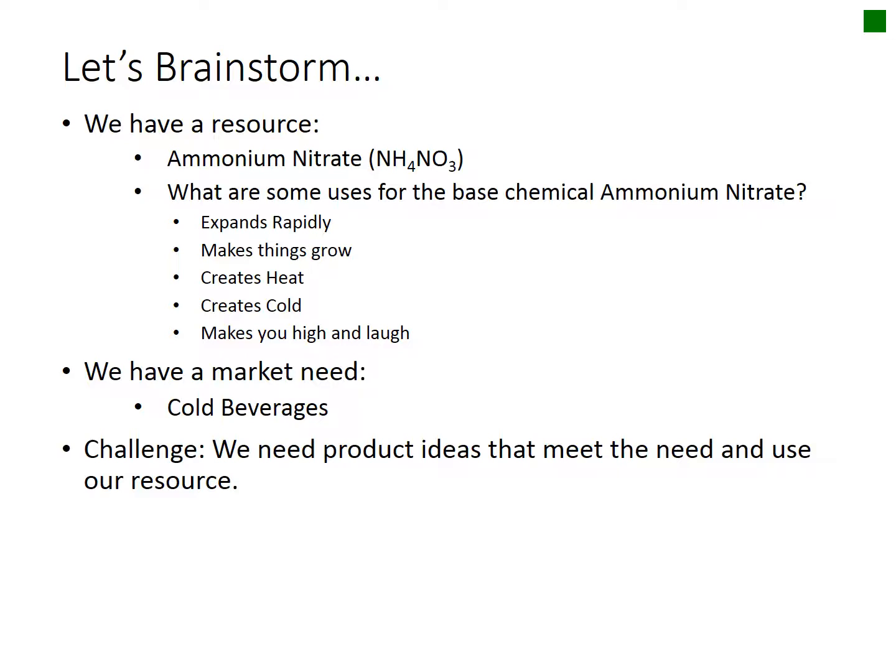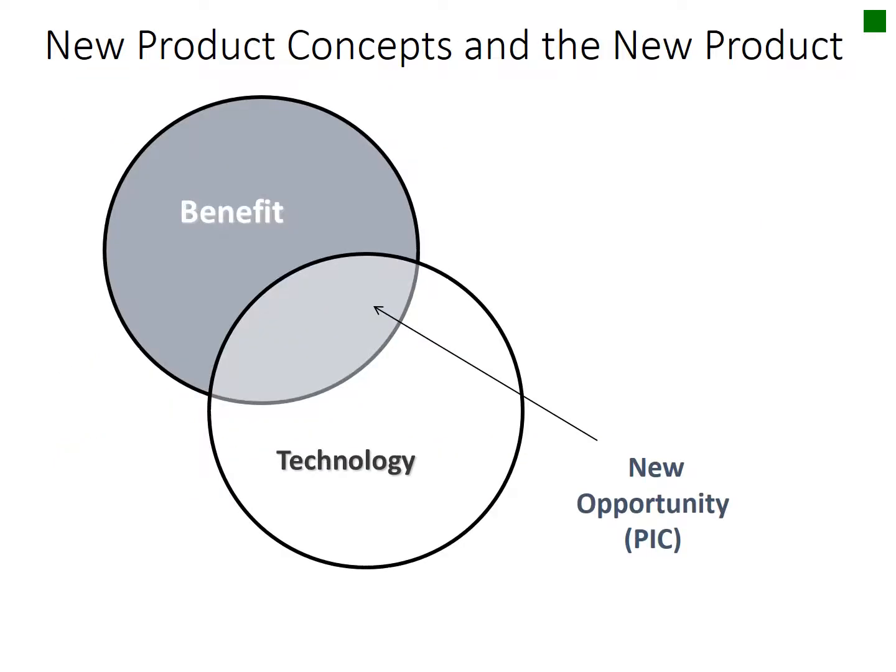Now that doesn't mean we have a product though. We don't even have a product concept really at this point. We have the market need and we have an opportunity perhaps, but that's where it lies. So we need to move out of this notion that we can just have an opportunity which functions as a market need and a resource.